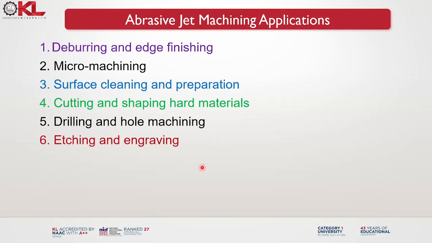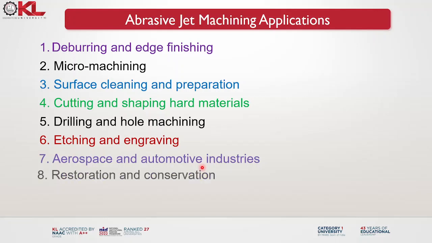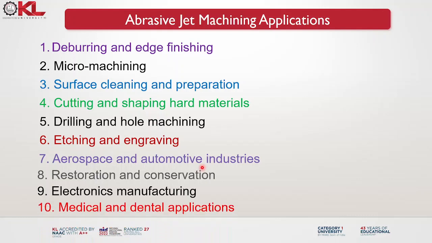Sixth, etching and engraving. Seventh, aerospace and automotive industries. Eighth, restoration and conservation. Ninth, electronics manufacturing. Tenth, medical and dental applications. These are the several applications of abrasive jet machining.